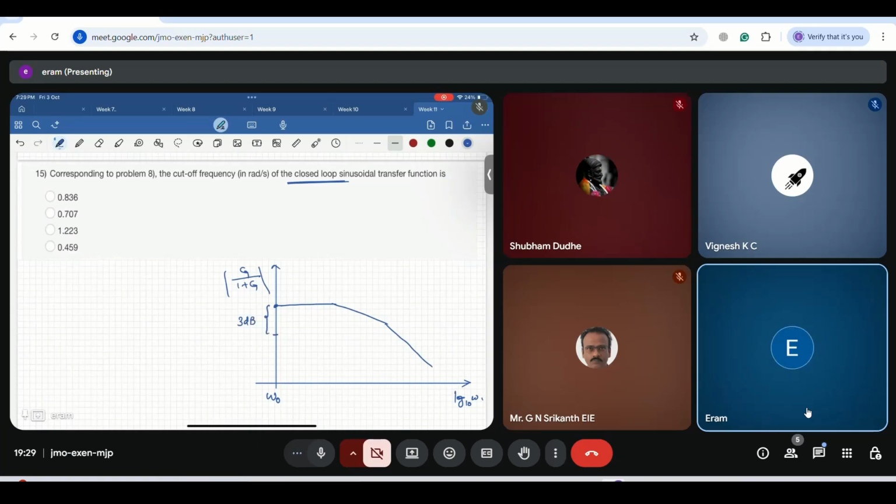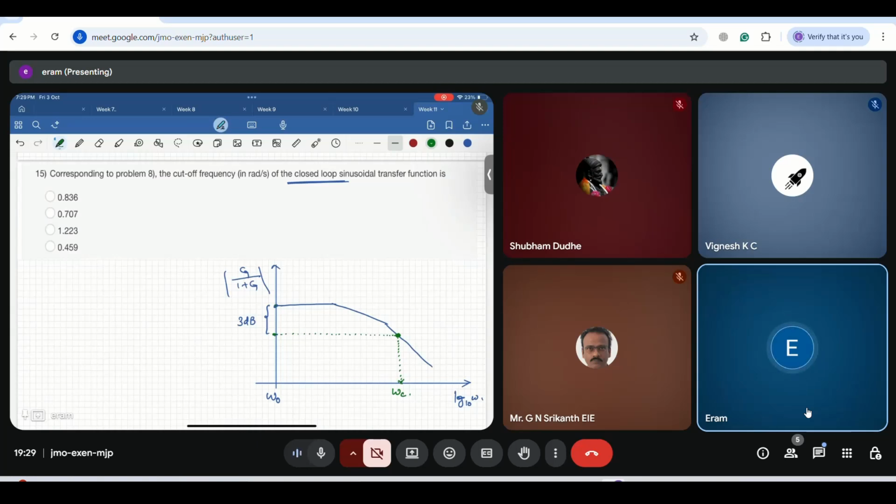So this will be the magnitude. You started with the initial frequency magnitude, you come lower by 3 dB, and then you look for the frequency corresponding to that magnitude. So for this particular transfer function, you hit this value, and the frequency corresponding to this value is your cutoff frequency. This is how the cutoff frequency is defined.